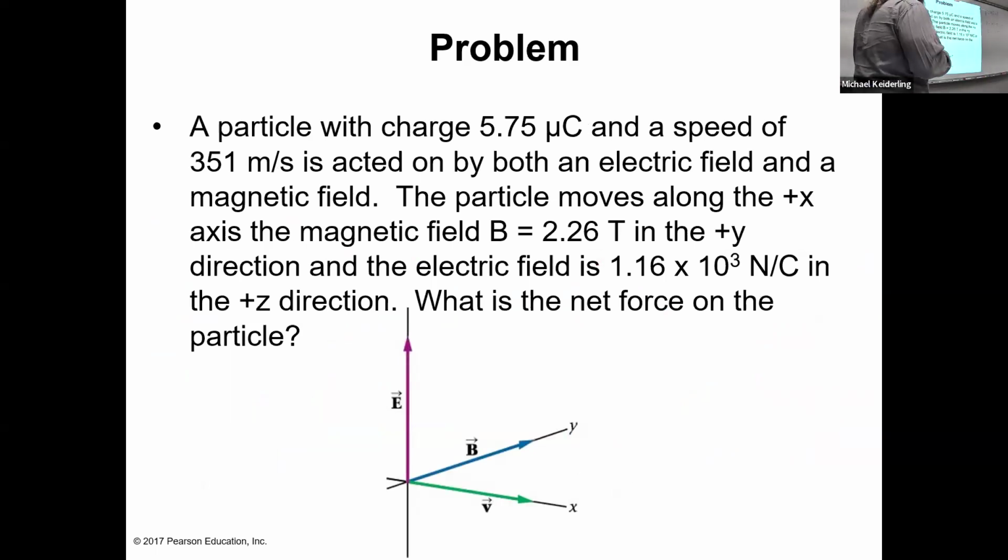So if you have a particle with a charge of 5.75 microcoulombs and a speed of 351 meters per second, and it's acted on by both an electric field and a magnetic field, the particle will move along the plus x-axis.